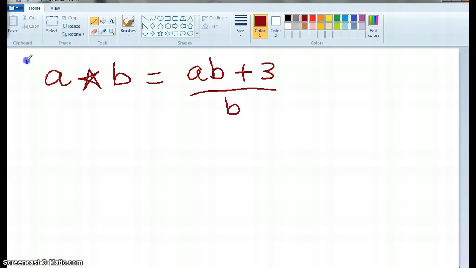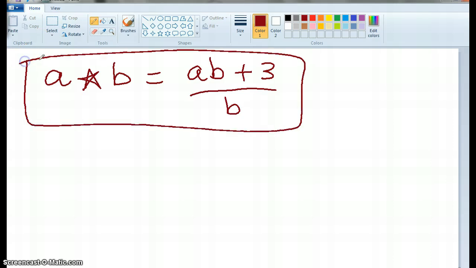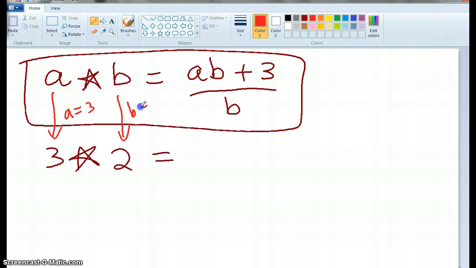You get given that, and they're saying, if this new made up thing is that, what is 3 new made up symbol-y thingy 2? So you decide, well, okay, A is 3 and B is 2. So it's just substitution. So you're going to go A times B plus 3 over 2.